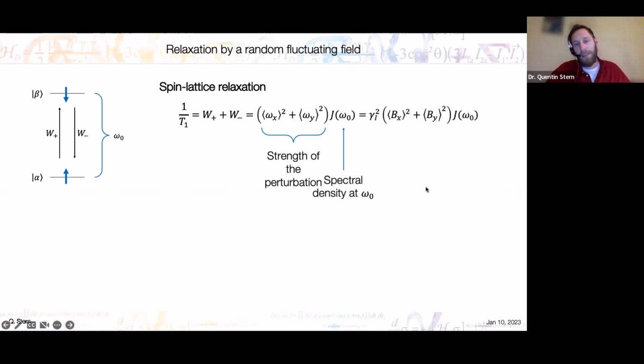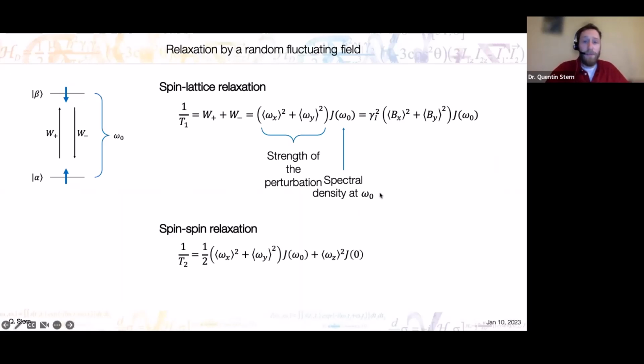Then you may also express this in terms of fields experienced by the nucleus along x and y. For T2, we have a slightly similar situation where we have this omega x and y term, but the fields along the z-axis can also contribute, with a different correlation function.